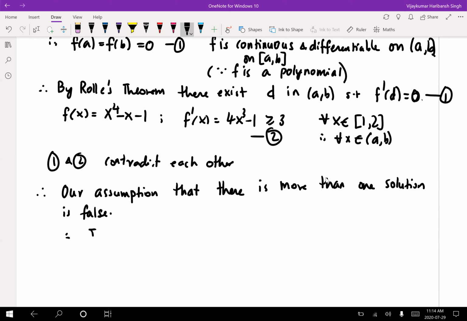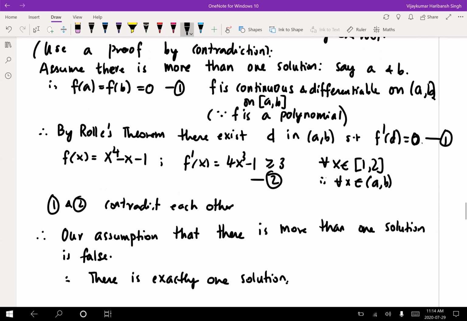So therefore there is exactly one solution. Okay. So that's one way of looking at it.